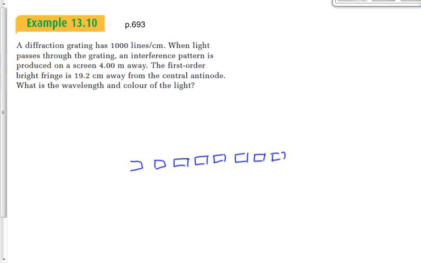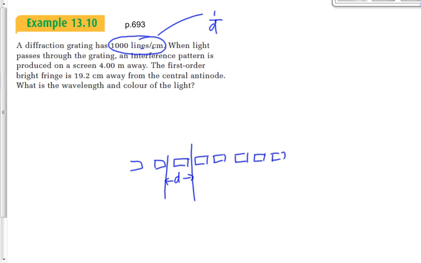So kind of the inverse of that, right? Instead of the distance per opening, we've got the openings per distance. So when you see a value that's 1,000 lines per centimeter, that's not D. That's not little d, but it's close. That's going to be what? Yep, 1 over D.